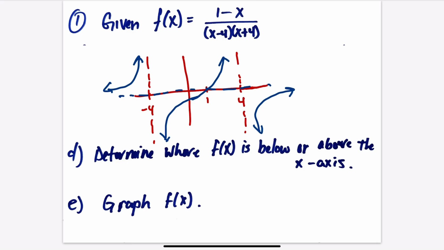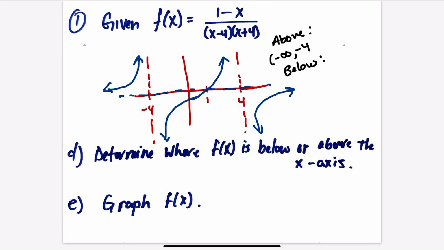Okay, so I've graphed it, so I did E. Now you do D. So in this case is where's the graph below or above? So just do above and then below. Okay, so above was from -infinity all the way up to -4. That was above.